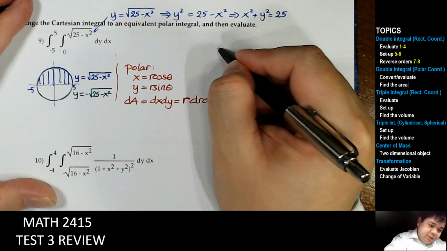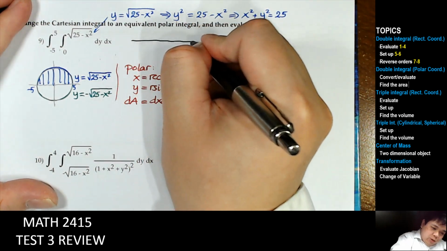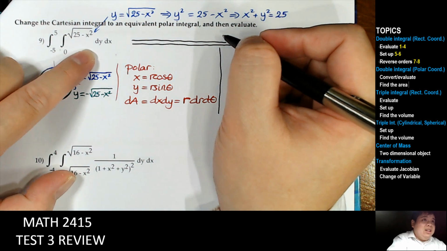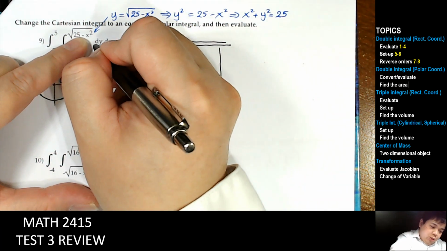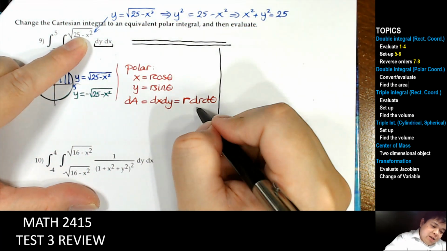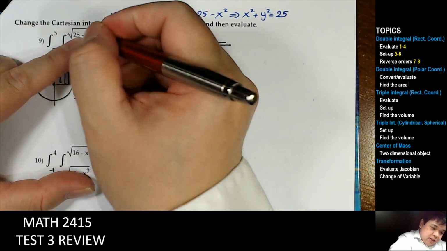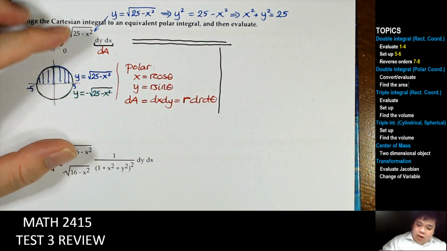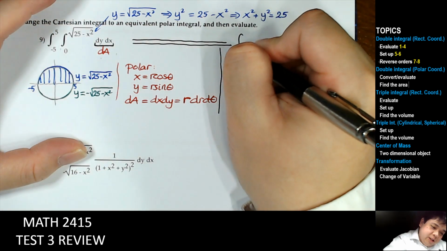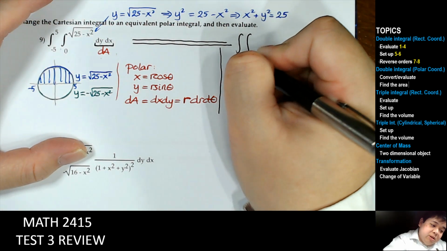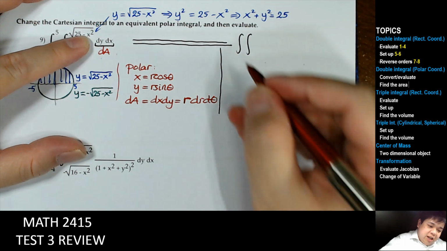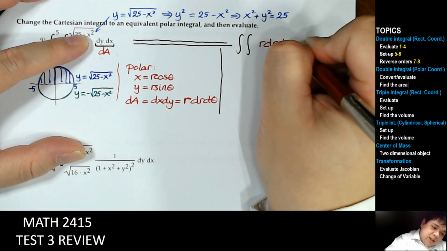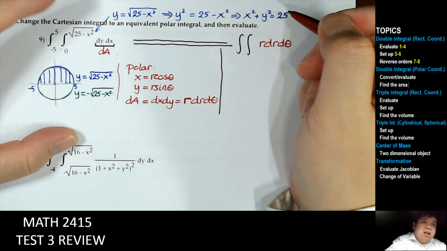So this will convert the function. We don't have anything here, so that's good. The dy dx, that is dA, becomes r dr d theta. So we're going to have the limits, worry about them later, and then just r dr d theta, and then the limits.